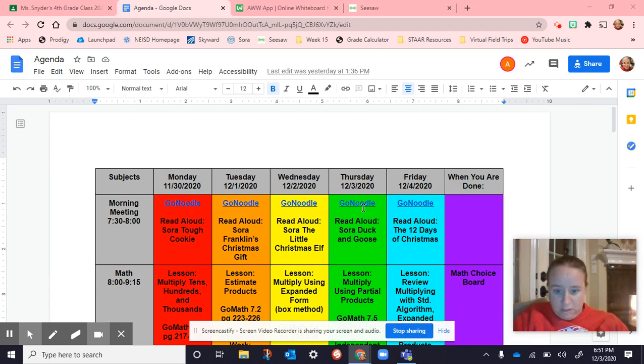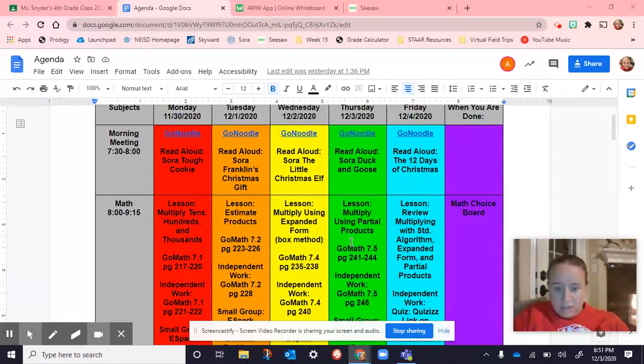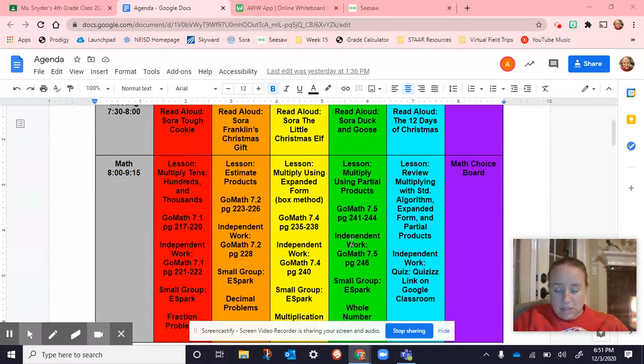So we did our morning movement, we did our read aloud, then we started our math lesson. We are multiplying using partial products, and these were the pages that we went over, the independent work.